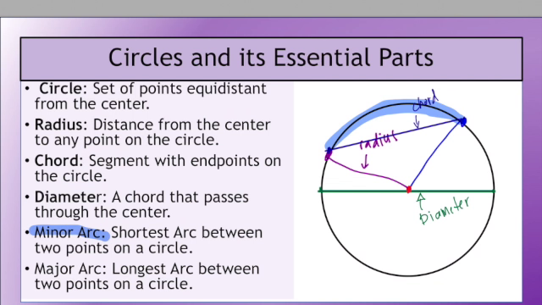Now this is known as the minor arc because this is the shortest arc between two points on the circle. And then we can also have what's called a major arc. The major arc is usually the longest arc. So if the highlighted portion is the shortest distance, then the longest would be going the other way around. So this would be your major arc there. Okay?